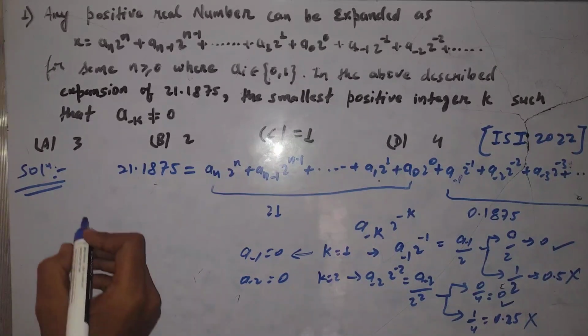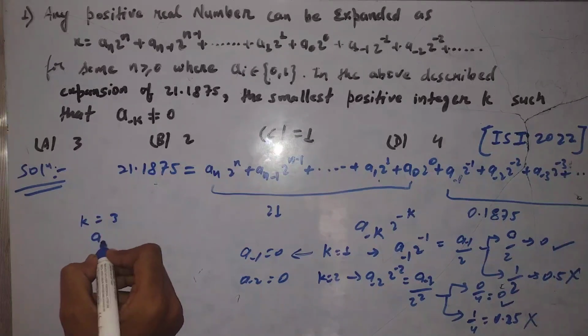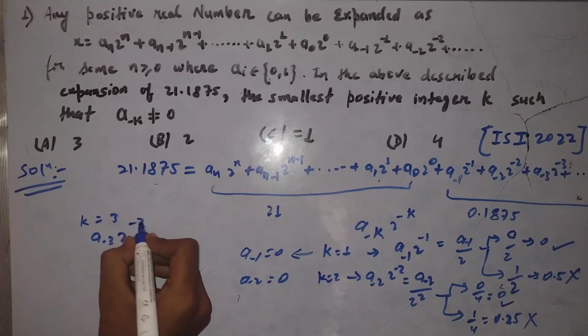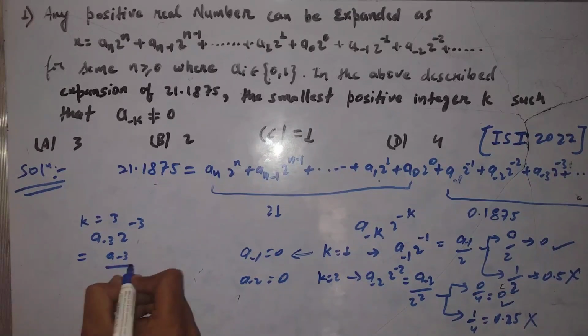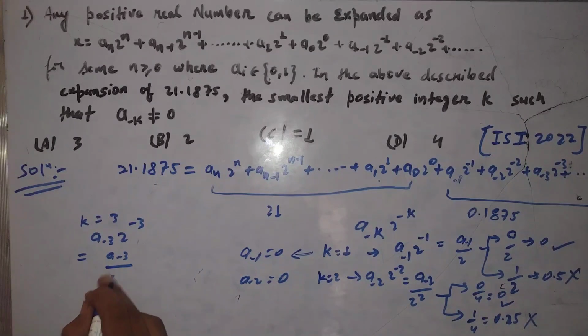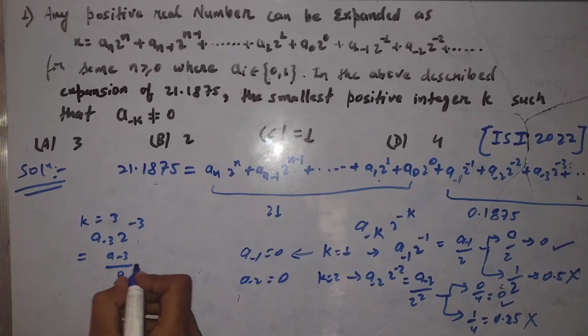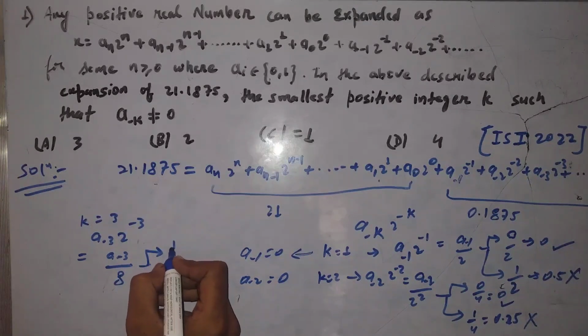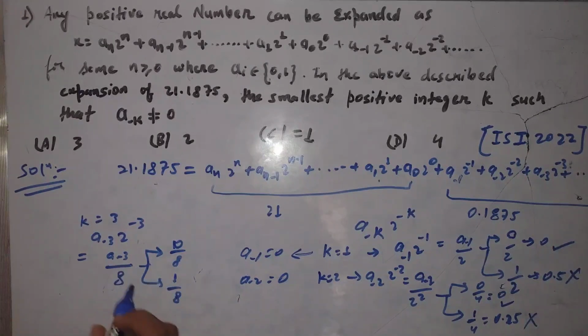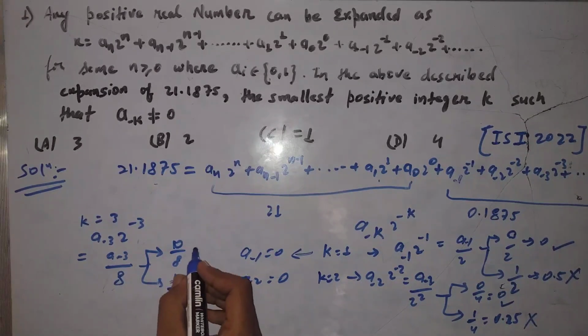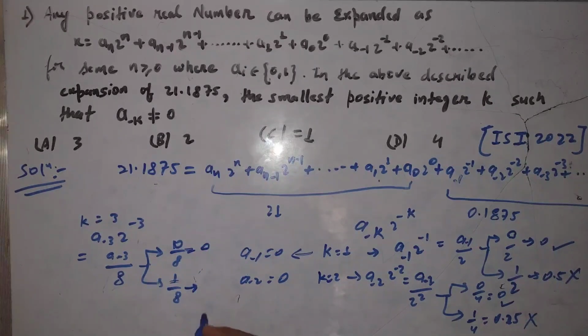Now let's talk about a_(-3). If we put k equals 3, then it becomes a_(-3) times 2 to the power minus 3, that is a_(-3) upon 2 cubed, that is 8. For this also there are two possibilities: it can be 0 upon 8 or 1 upon 8, because for a_i there were only two possibilities, 0 and 1. If it is the first case, this will be 0, and if it is the second case, then it will be 0.125.